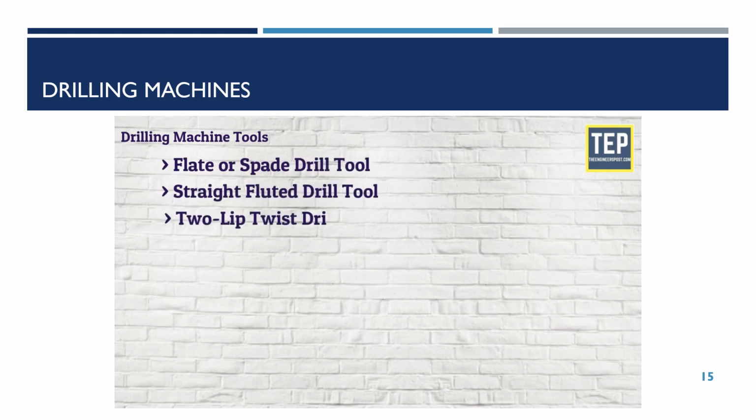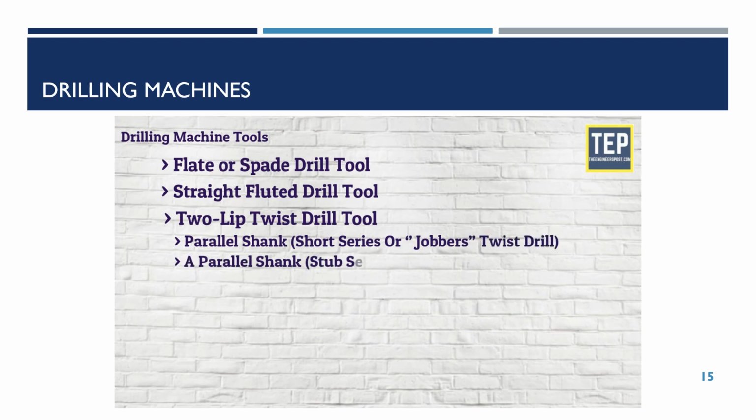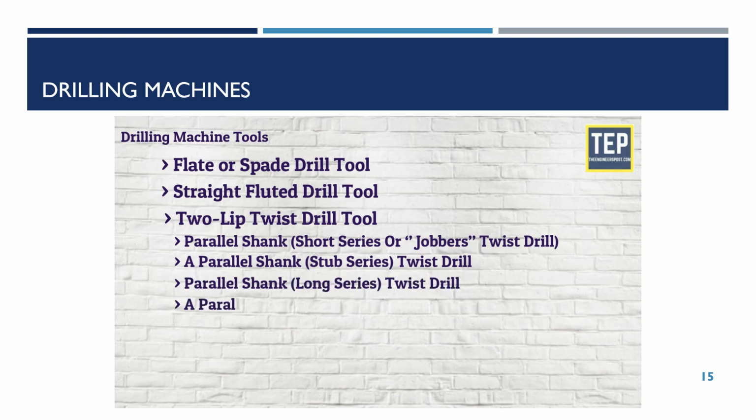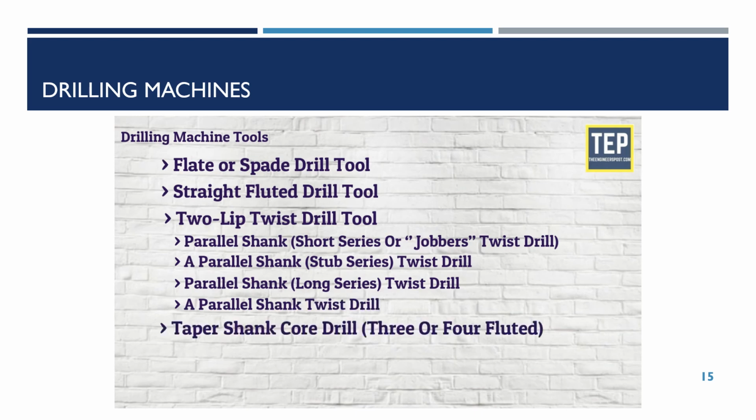In two-lip drill there are 4 types available: parallel shank short series or jobbers twist drill, parallel shank stub series twist drill, parallel shank long series twist drill, and taper shank twist drill. Others include core drill, 3 or 4 fluted, oil tube drill, and center drill.